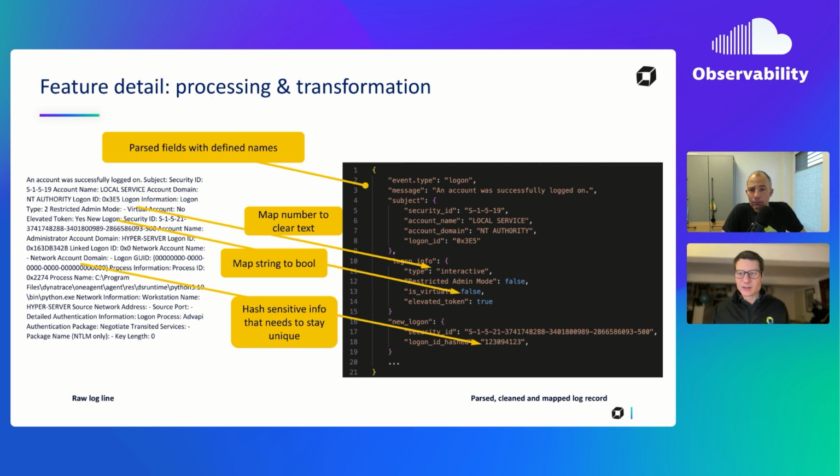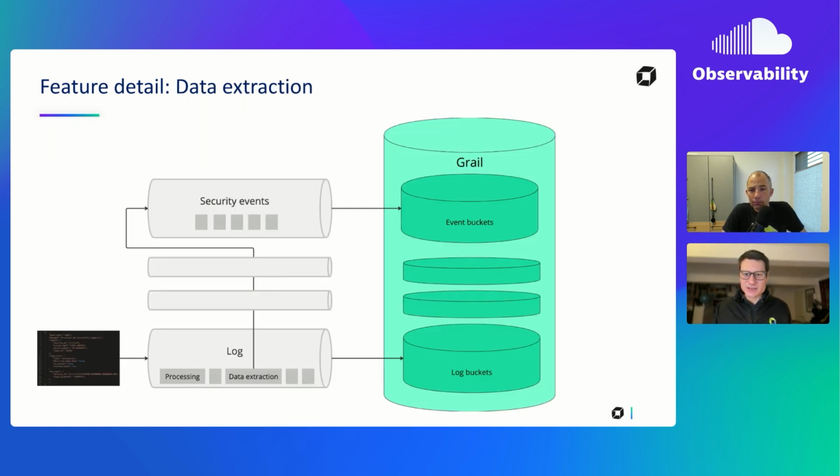Cool. The next example is data extraction. You were already mentioning that we are open to all different kinds of data. It's about logs, events, metrics and spans. And now the big value that we bring with Dynatrace is also the domain-specific expertise. So we have the application security solution, for example.